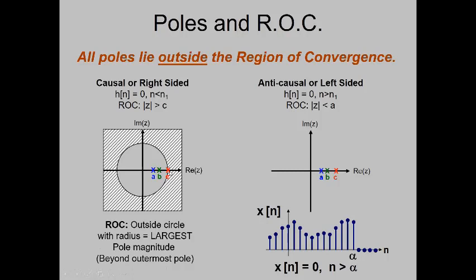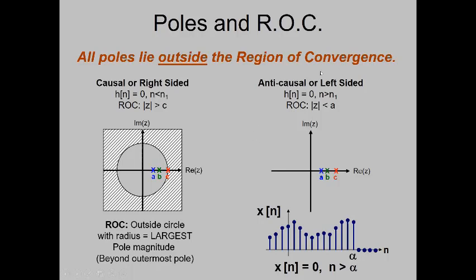And so the region of convergence for a causal or right-sided system's transfer function will always be from just outside the outermost, or largest magnitude, pole location and go from there outward. So in this case, we find C as the outermost pole, and the region of convergence would start just beyond C, would not include C, and go from there outward.